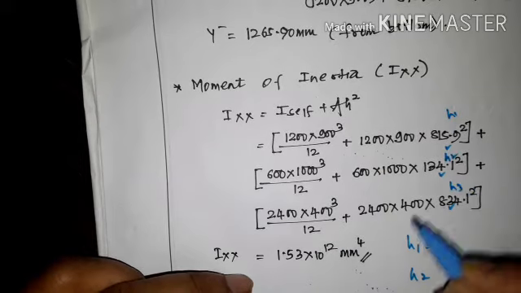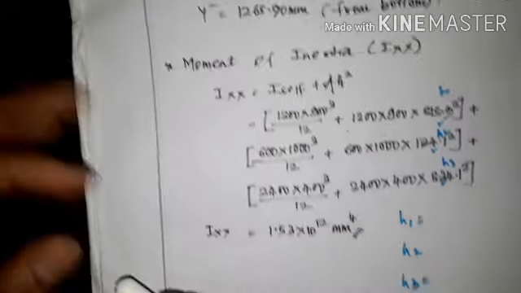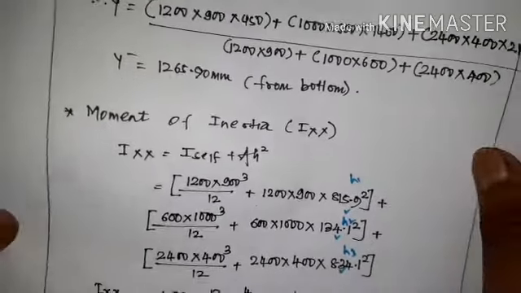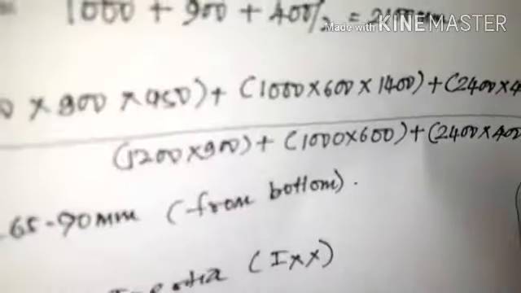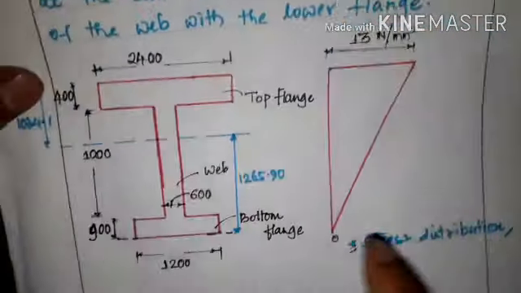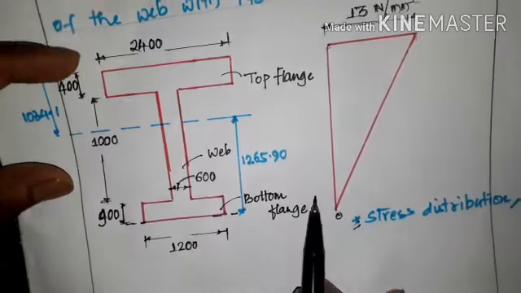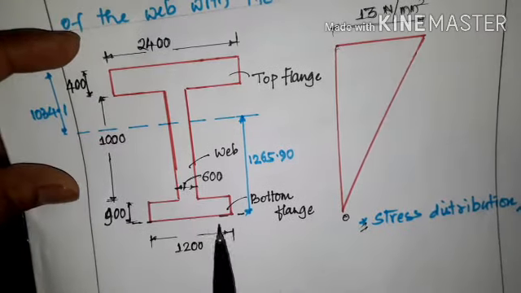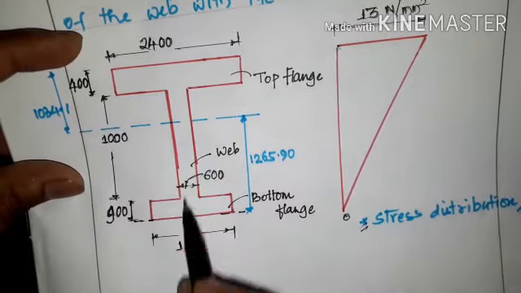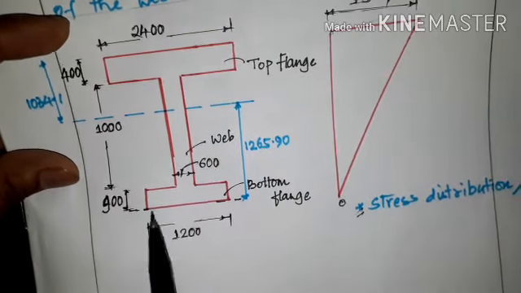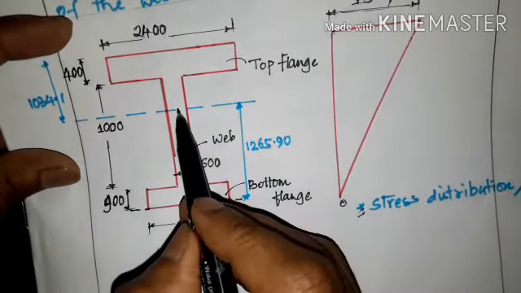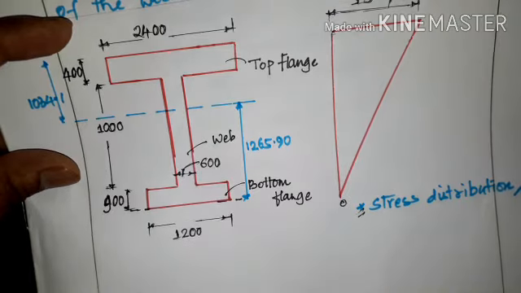The h1 is the distance from the centroidal axis to the center of the bottom flange.